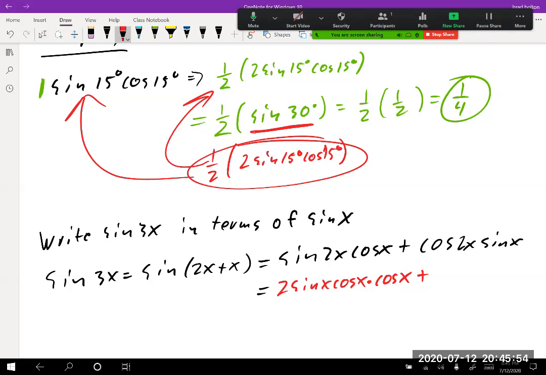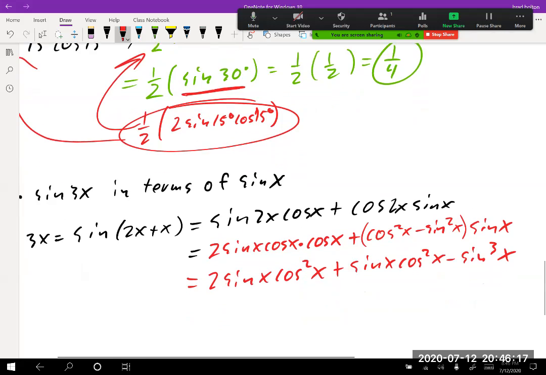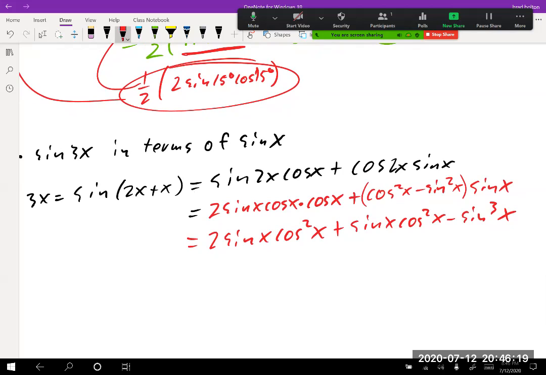I'm going to do cosine squared x minus sine squared x times sine x. Now let's see, this will be 2 sine x cosine squared x plus sine x cosine squared x minus sine cubed x. So we still have some cosine squareds floating around.